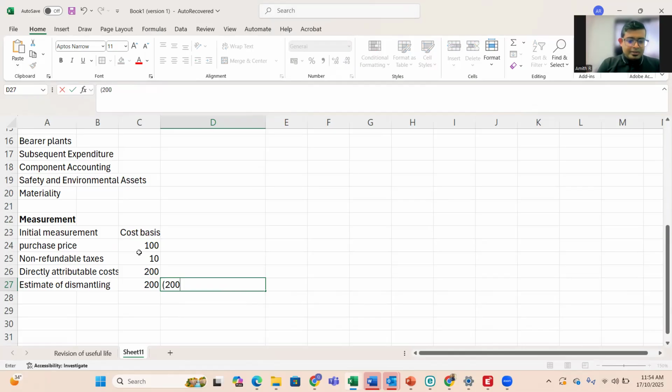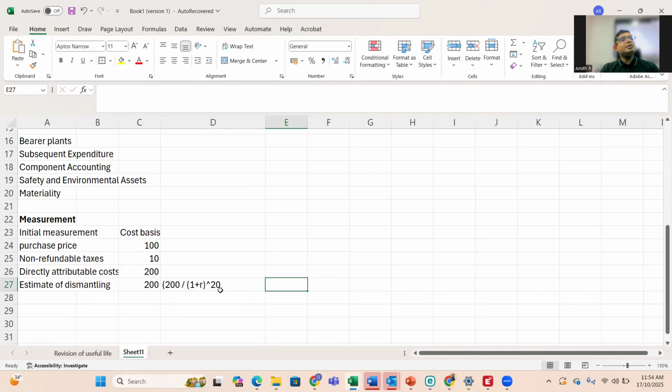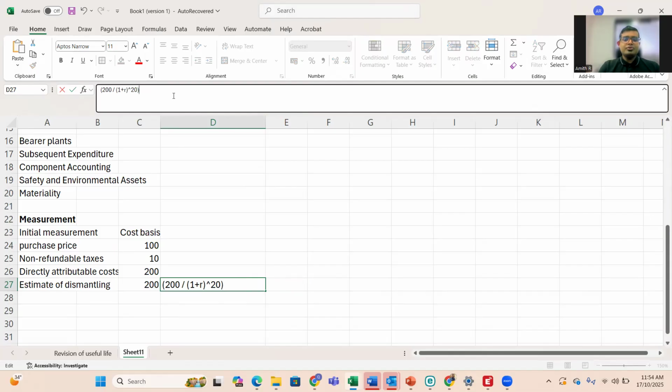The future cost divided by 1 plus your incremental borrowing rate, whole raised to 20, right? This will be the formula. And once you find out, let's say that this is something around 40.